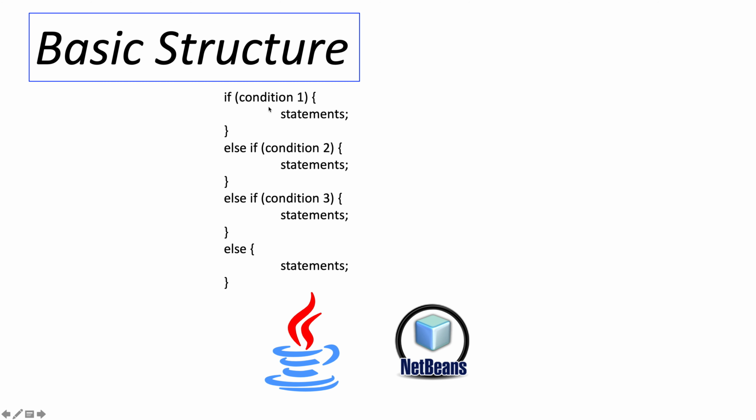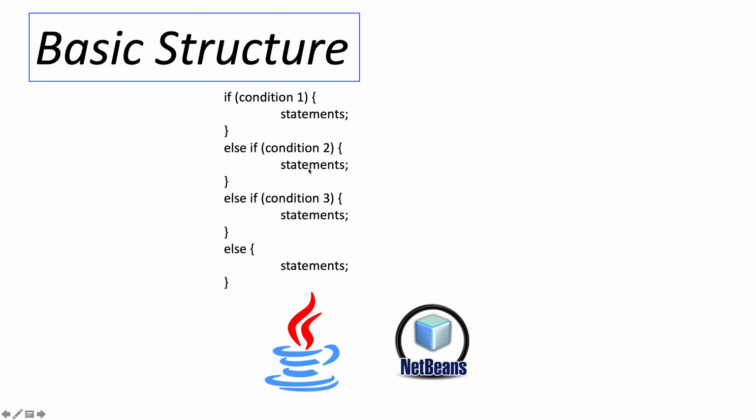When this is true, the program checks first whether this condition is true or not. When it is true, these statements will be executed, and then it will never check whether the other conditions, like condition 2 and condition 3, are true or false. If condition 1 becomes false, then it will check the second condition, and if this is true, it will execute the statements written here.